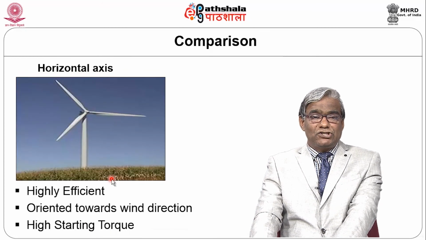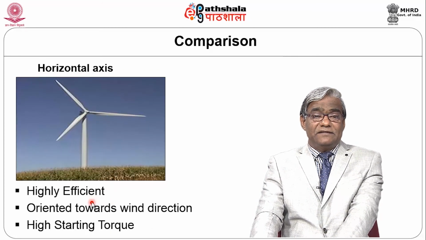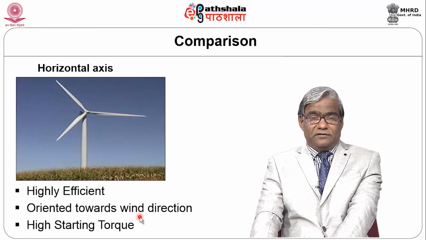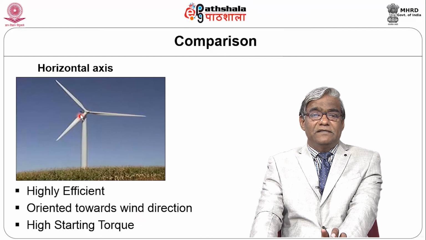When we look at the horizontal axis wind turbine, it is highly efficient when compared with a vertical axis wind turbine, and it is oriented towards the wind direction. The hub is turned according to the wind direction, which is operated by a yaw mechanism.